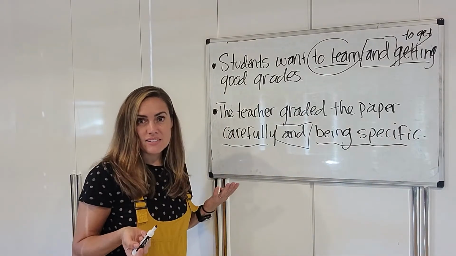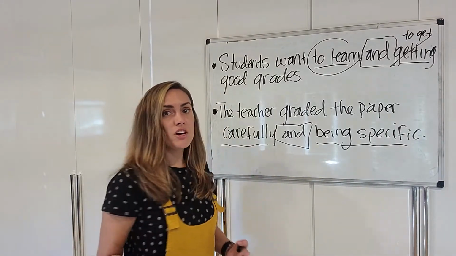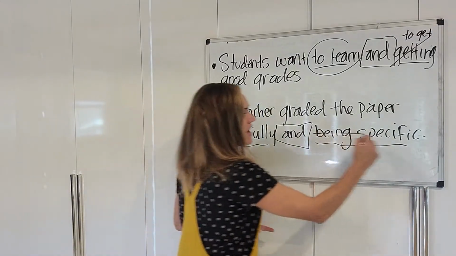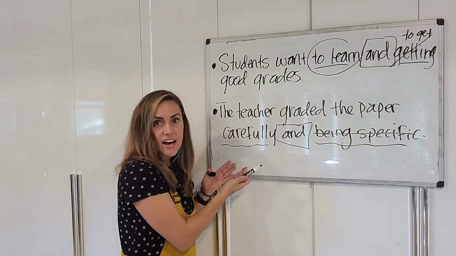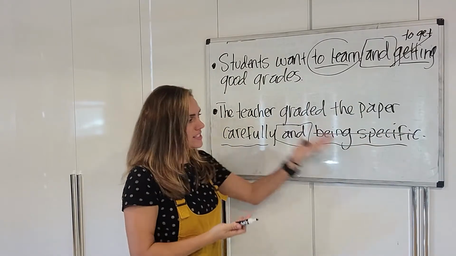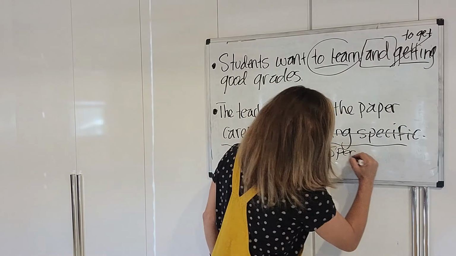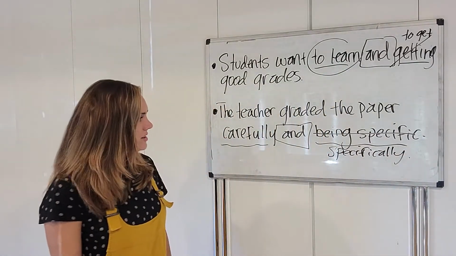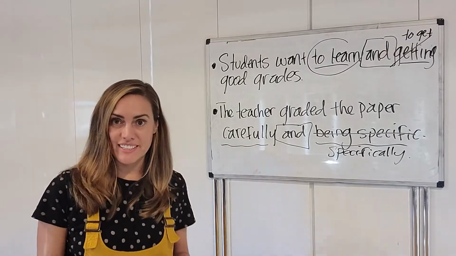They're not balanced because they're not the same form. So all we need to do to fix this is make this side match this side, which is an adverb. Let's make this an adverb. The teacher graded the paper carefully and specifically.